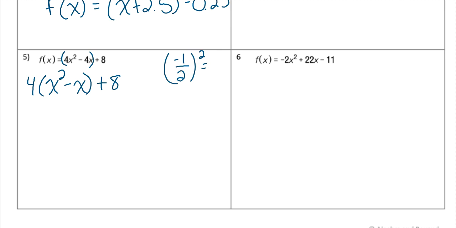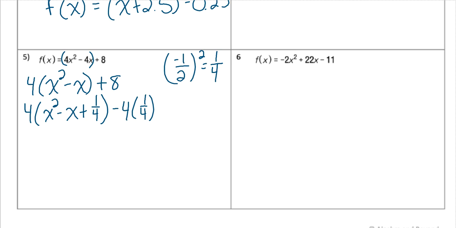So in this case, that would look like 1/4. So when I add that in the parentheses, I'm going to remember that I'm actually really adding 4 times 1/4. So when I subtract it out, I need to multiply 4 times 1/4. And then keep the plus 8 there. So I'm filling in these in order to keep it balanced.